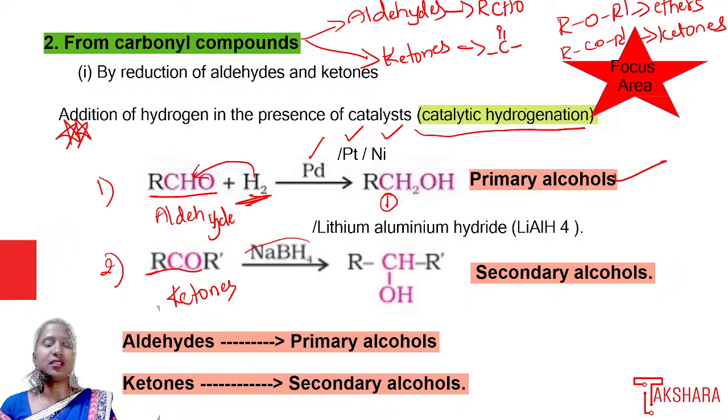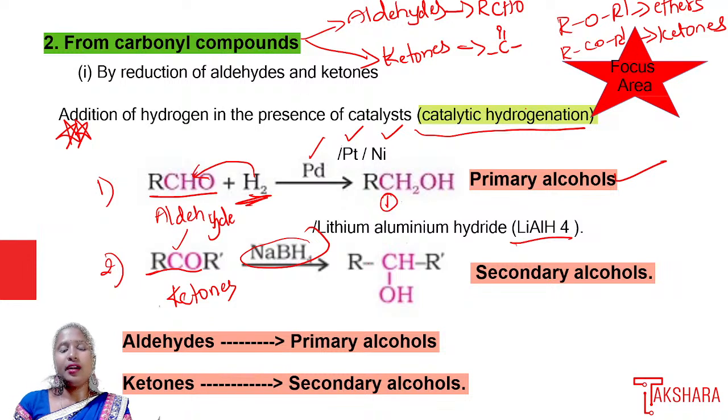So when we have RCOR dash, which is a ketone, and we react it in the presence of a reagent such as sodium borohydride, sodium boron hydride, or lithium aluminum hydride, LiAlH4, addition of hydrogen takes place to the carbon atom. So the product is RCHOHR dash.